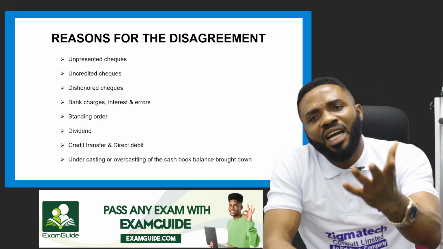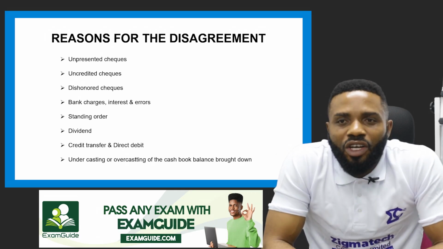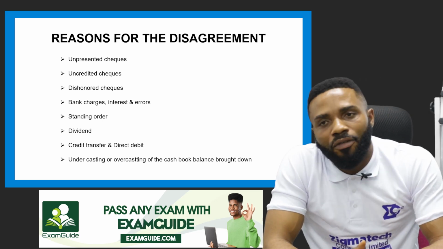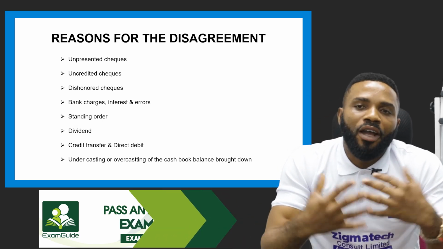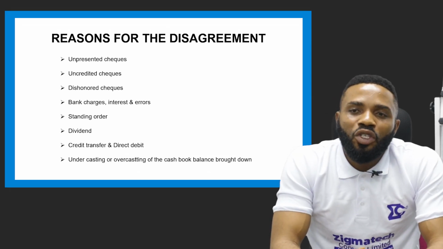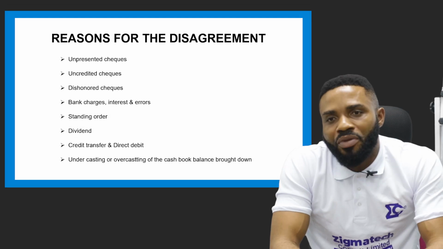Now, a standing order is just an order given to the bank to make payment on behalf of the customer. If I own a company, I may not need to bring all the cash to the company to pay my workers.